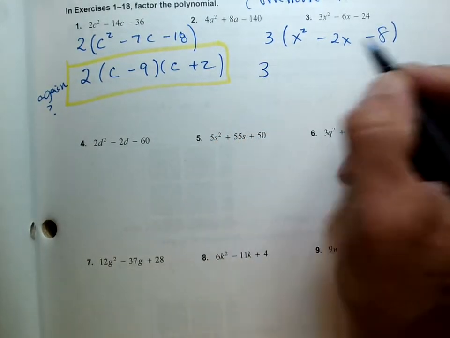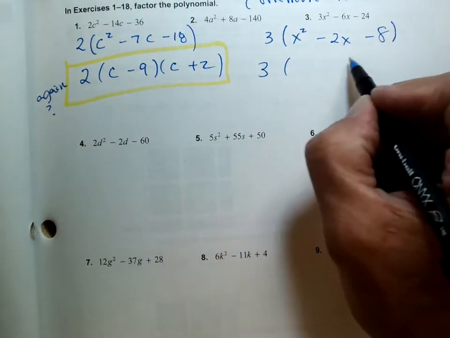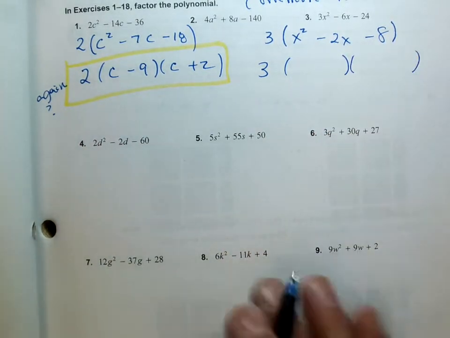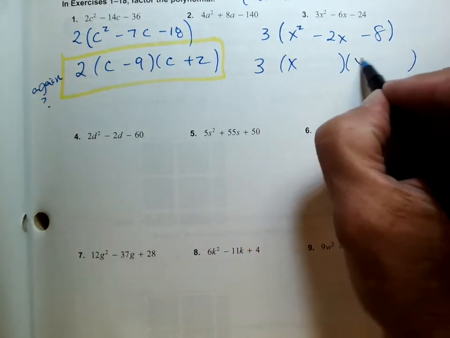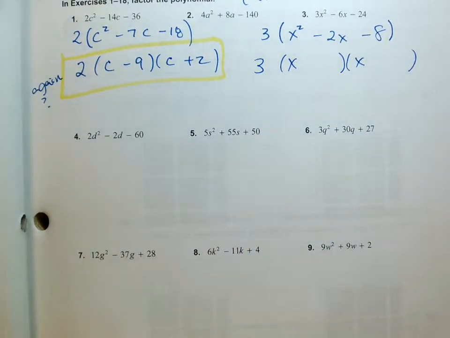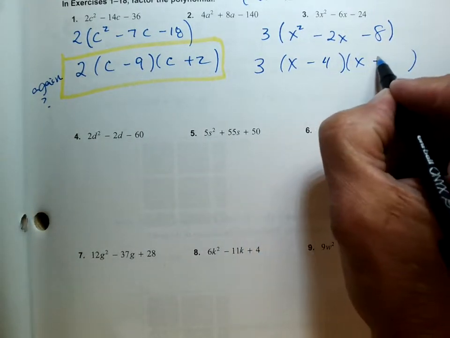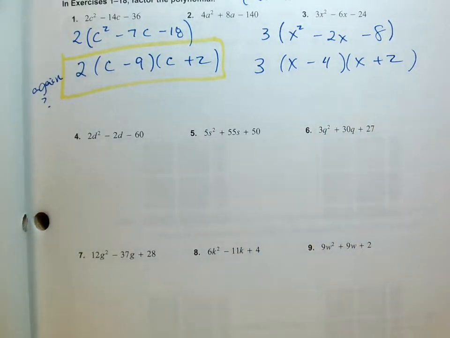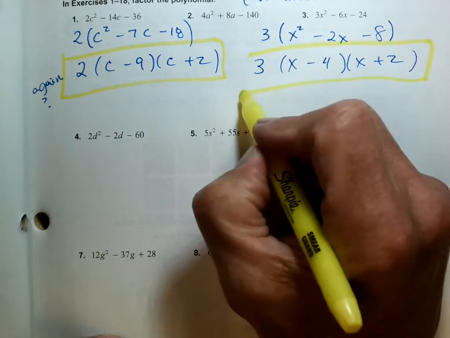Keep our 3, because that's part of the problem. We'll go parentheses, parentheses. We can go an x and an x, and Seth said negative 4, positive 2. And that's it. That's factored completely, okay?